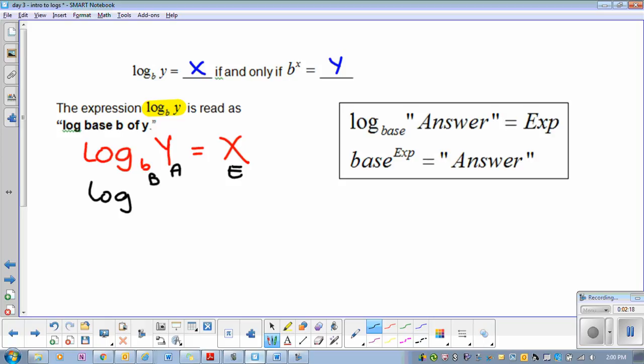In all seriousness, when I first started teaching this, to rewrite it, this is your base, that becomes your answer, and this is your exponent.